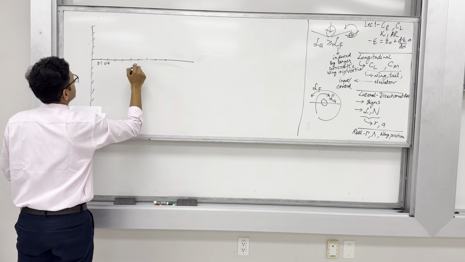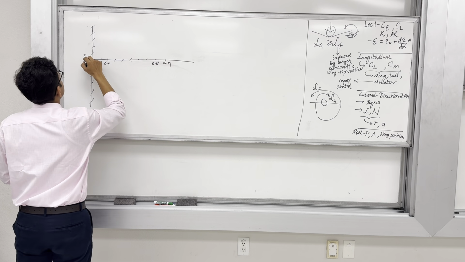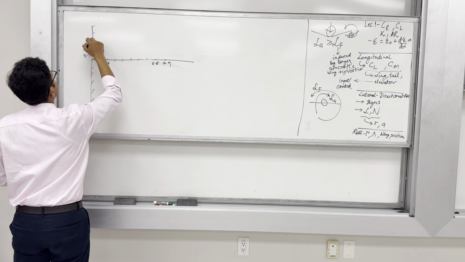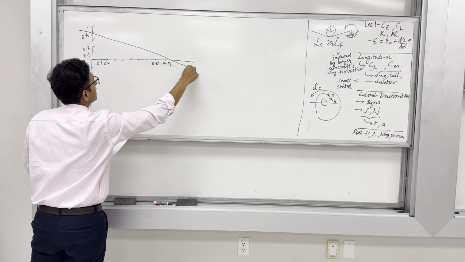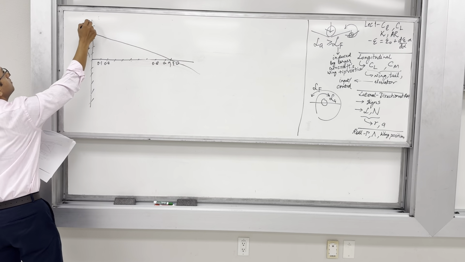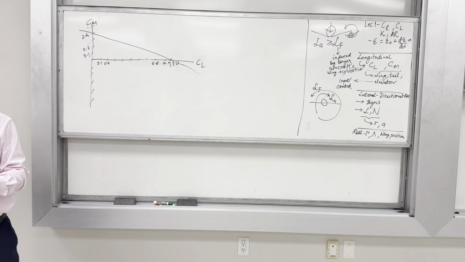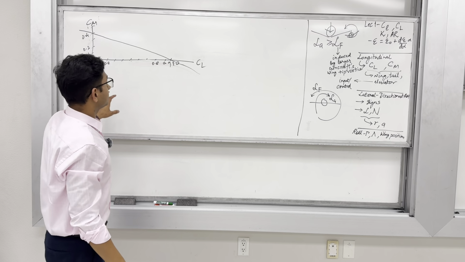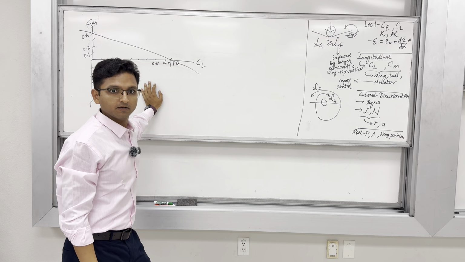This is 1 and this is CM versus CL, okay. Now don't worry, the question could be about anything. Let's dissect and extract as much information as we can from this graph, okay.